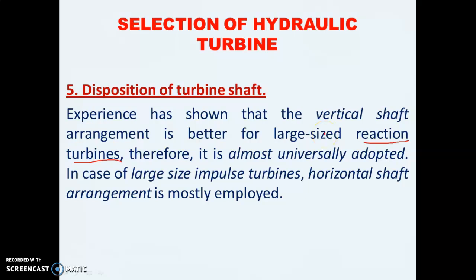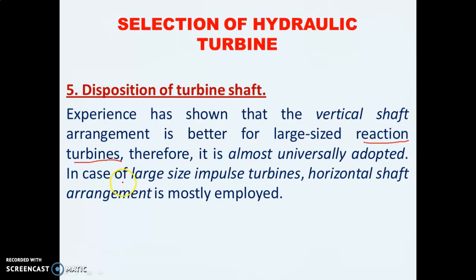Now if it is a small sized reaction turbine, if it is a small size Francis turbine, then we can use horizontal shaft. But if the reaction turbine is very large sized, either Francis or Kaplan, vertical shaft should always be used.